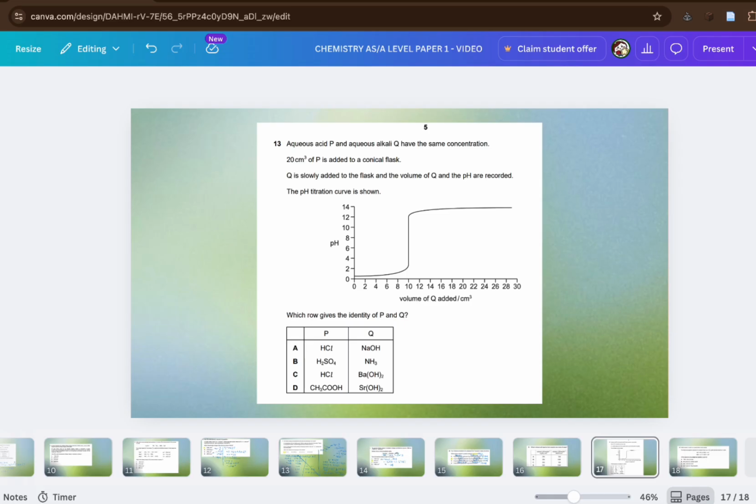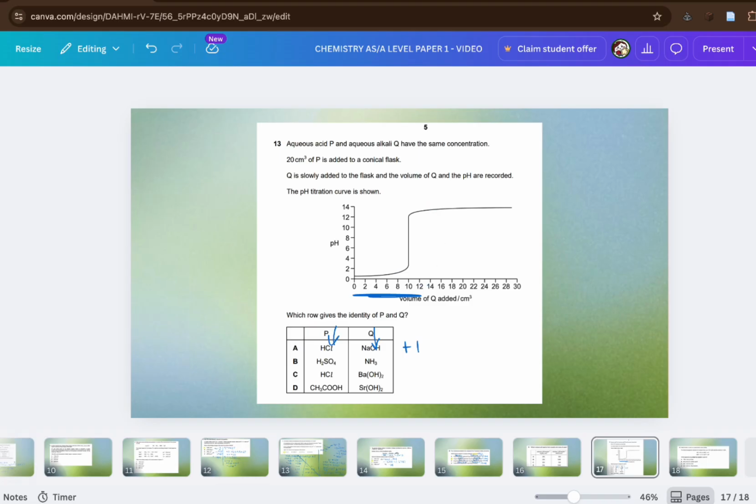Option A, we have hydrochloric acid and sodium hydroxide. Both are strong. However, both only release one ion per molecule. We see here in the pH curve, it takes 10 cubic centimeters needed to neutralize the pH.